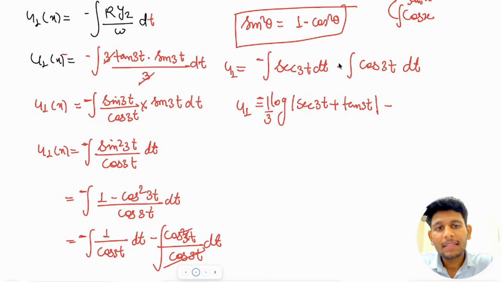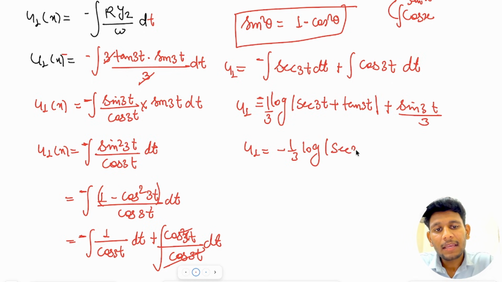So it is minus, then it will be plus, because we are removing the bracket. Now it is sine of 3t divided by 3. Then u1 is equal to minus 1 by 3 log of sec 3t plus tan 3t plus sine 3t divided by 3.